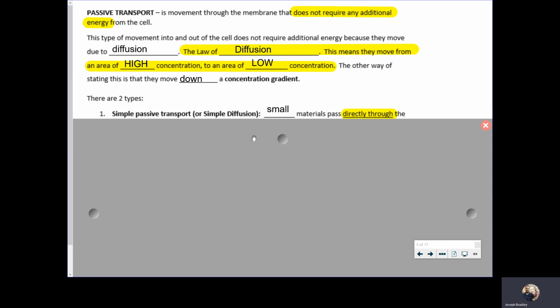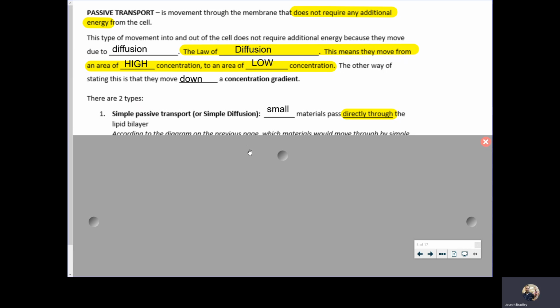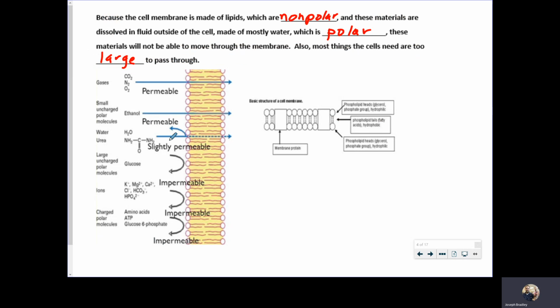There are two types of passive transport. One is called simple diffusion, and this is the movement of very small materials directly through the lipid bilayer. If you look back at the diagram on the previous page, the things that are able to move directly through, ethanol, carbon dioxide, nitrogen, and oxygen, are the things that move through by simple diffusion.